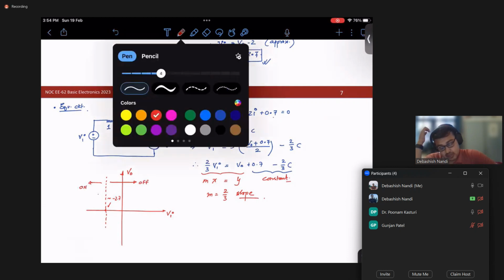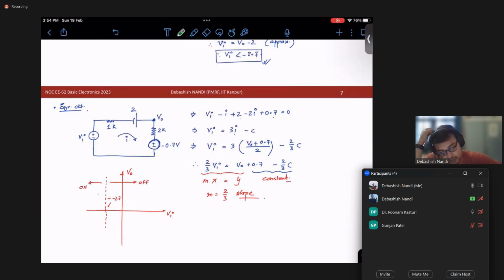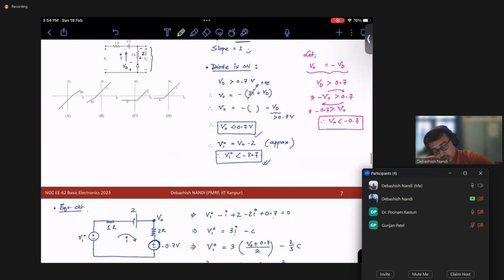So when it is on, it has this slope 2 over 3, and when it is off, it is 1. So we'll look for this kind of curve shape. This is not right, not right, not right. This seems to be right, B. And also we can see that it is some negative value. So this is your diode on and this is your diode off.